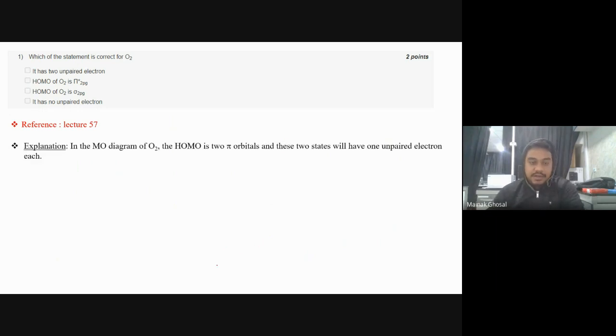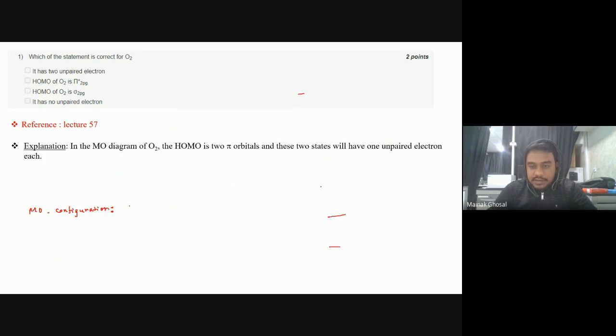In the MO diagram of oxygen, which I have shown you, let me write the orbital MO configuration. I am drawing it again.